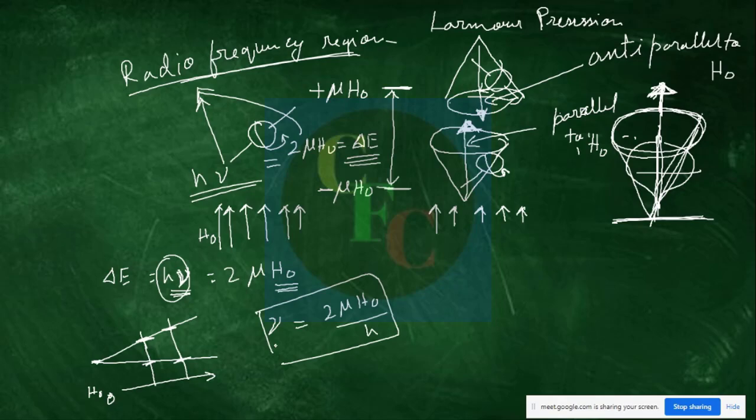Now let's see how sensitive NMR is. If you remember, in our first lecture on spectroscopy, we discussed the Boltzmann distribution, the population of states.